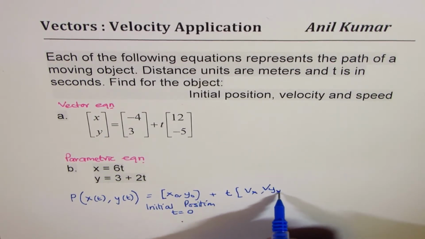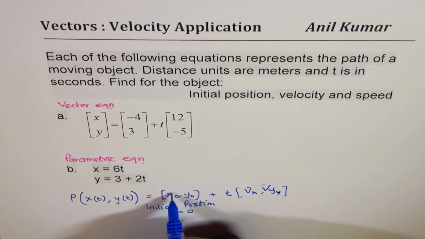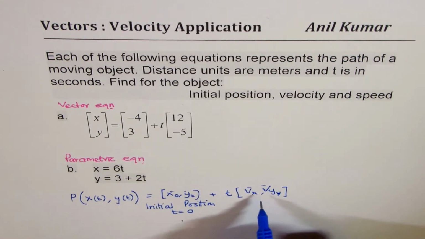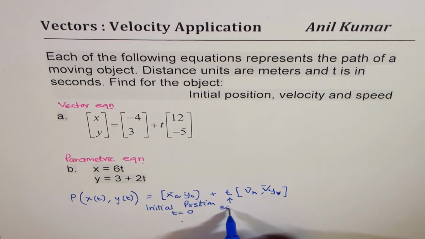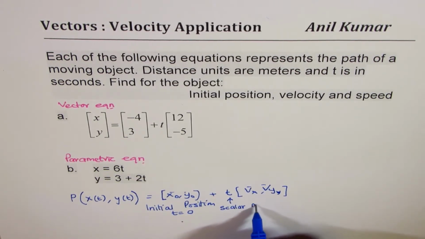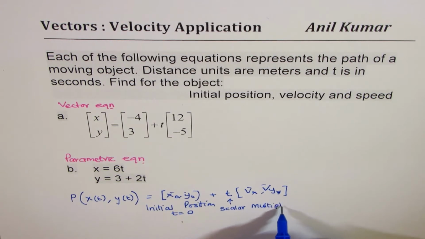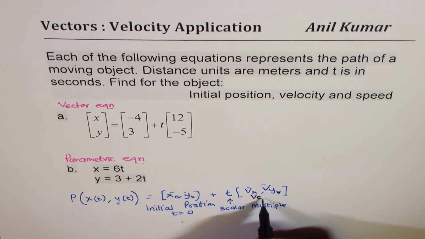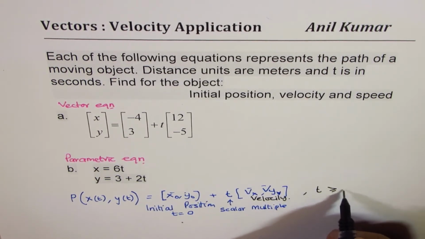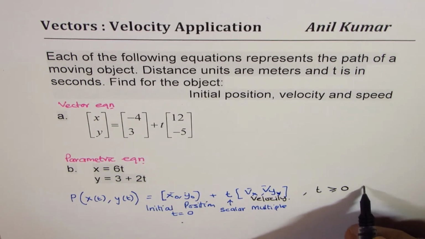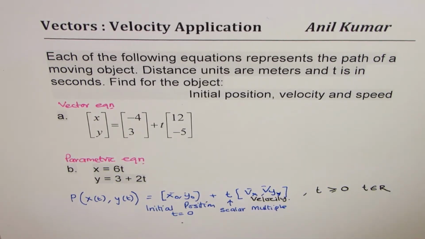You get an idea, right? So this is the scalar multiple. And here we have velocity. Now t normally will be greater than or equal to 0 in most cases, where t belongs to real numbers. So that is how in general we are going to treat these equations.